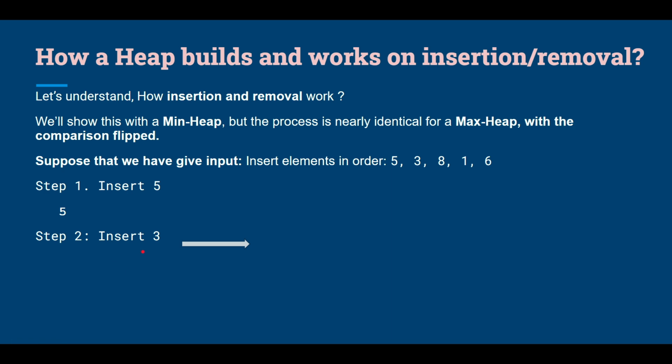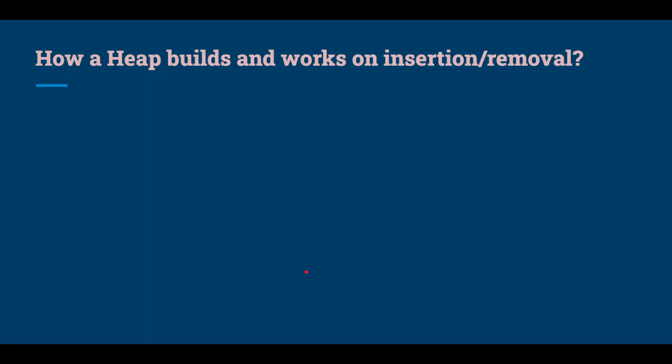Then we insert 3. Now the heap has 5 and 3, and the priority queue internally checks which one is smaller. 3 is less than 5, so we need to do the swap. Now 3 goes up and becomes the root of the priority queue, or min heap.